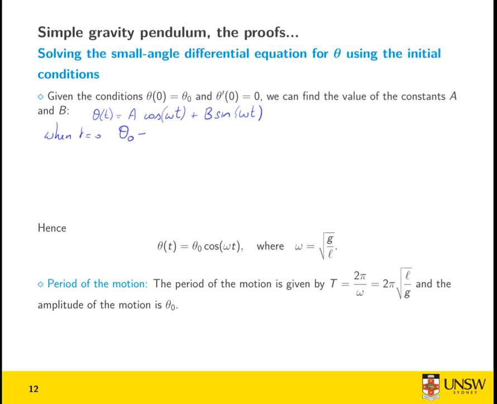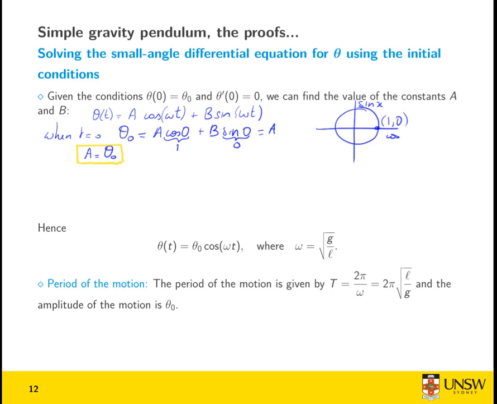So we sub in t equal to 0, and we get a cosine 0 plus b times sine 0. If you look at a unit circle, 0 is there, cosine is the horizontal component, sine is the vertical one. So since the coordinate of this point is (1, 0), cosine 0 is 1, and sine 0 is 0, so that's a. So we already found what a is. A is theta 0, the initial angle.